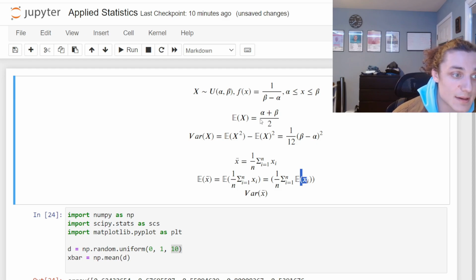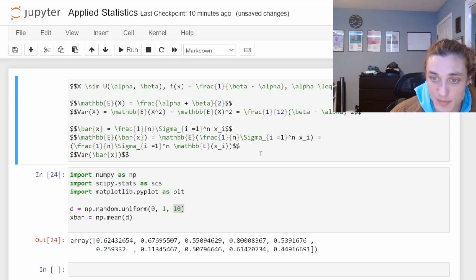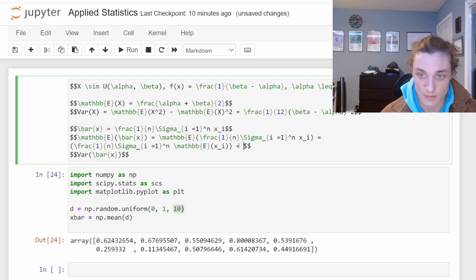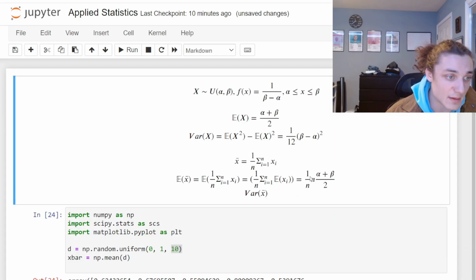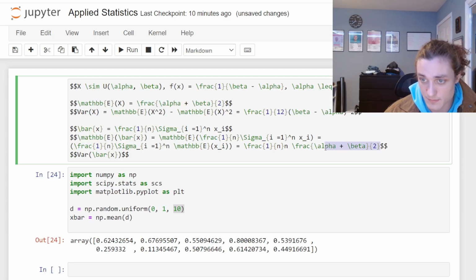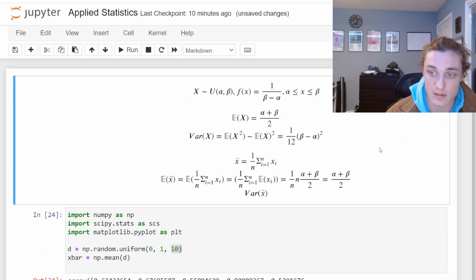So we get n of them, and then we divide by n. I'll write out the extra step: 1 over n times n, times alpha plus beta over 2. Then that goes away, and we're just left with the population mean right there.